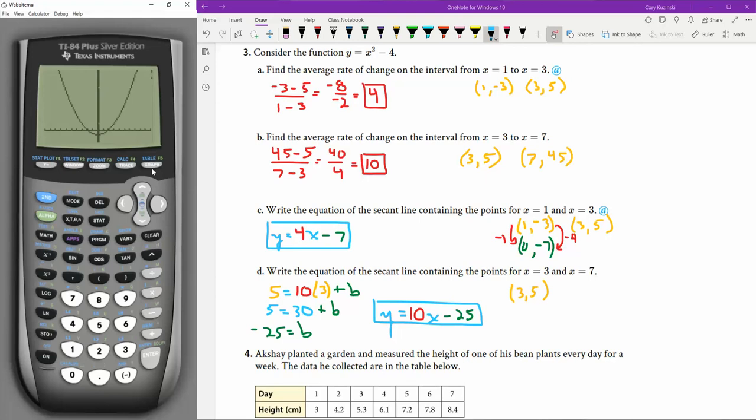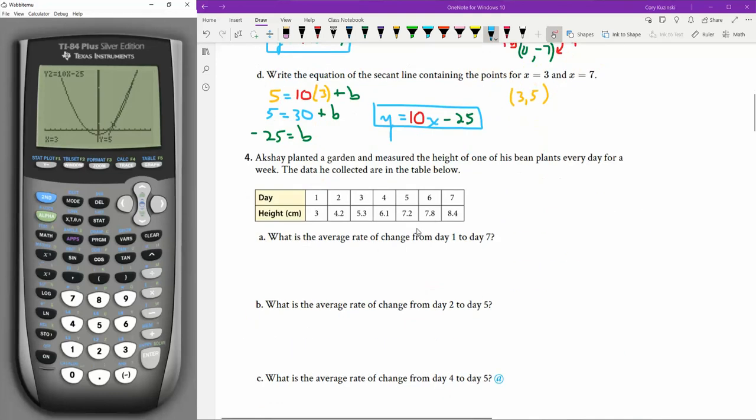Here's our secant line. Okay, and you're going to see the 2 points where it crosses. Trace. 3, 5 is one of those points. Okay, that's one point that the line and the parabola meet, and the other one is 745. Yep, see, that's the other point where they meet right there. If I hit up, now I'm tracing the line. There's 745, and there's 3, 5.